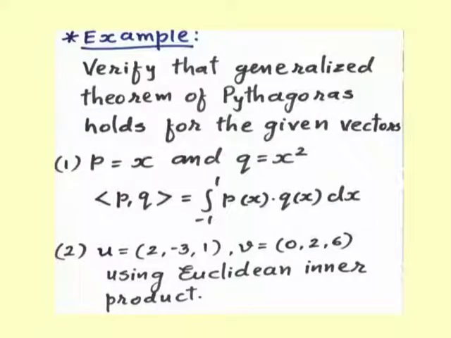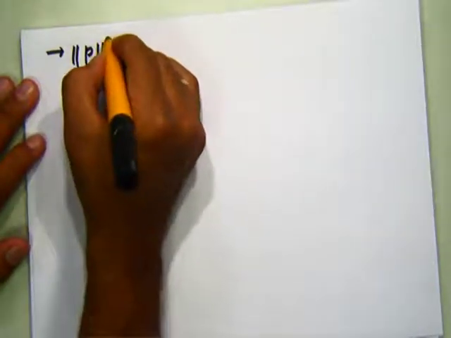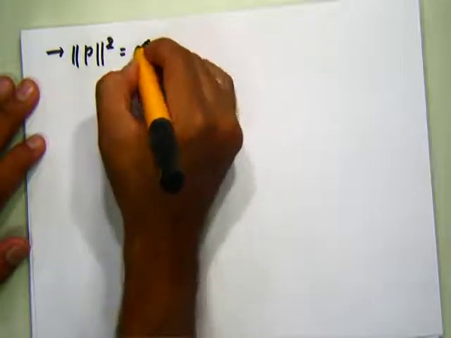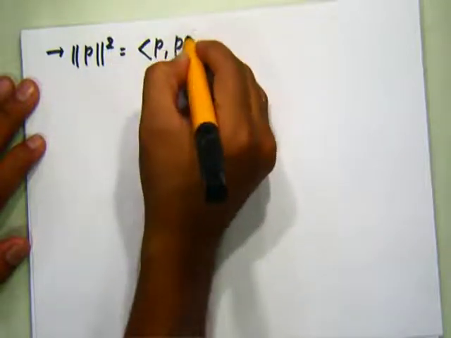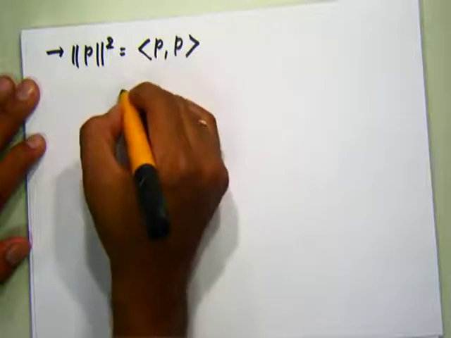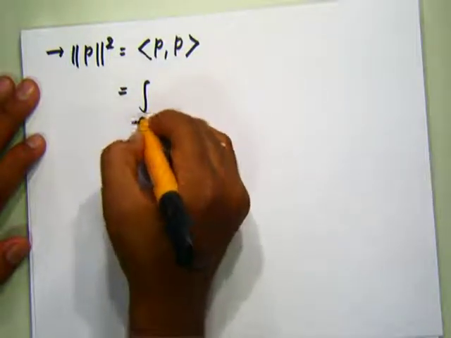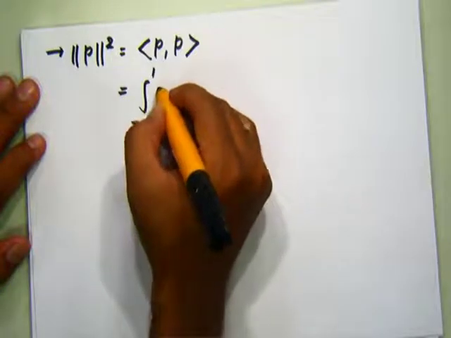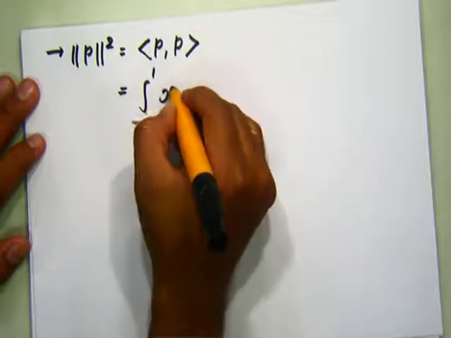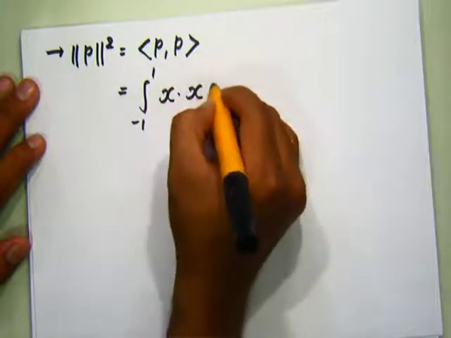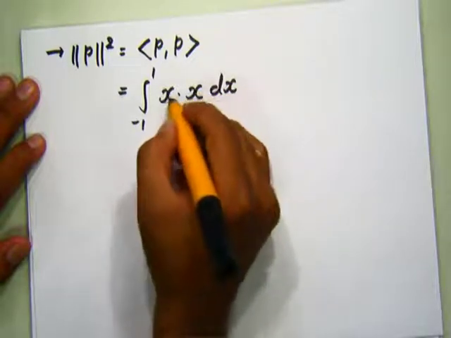Now we want to find norm of p square plus norm of q square. So first of all, norm of p square is the inner product of p with p. It is the integral from minus 1 to 1 of px into px, and px is x, so x into x dx, and it becomes x square.